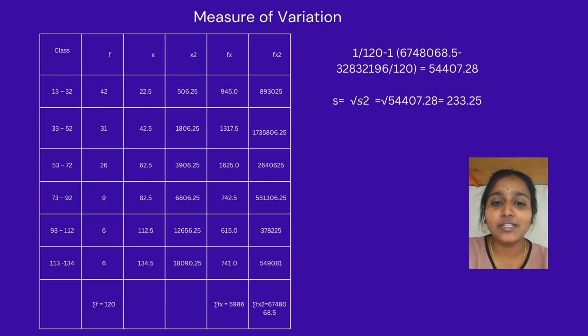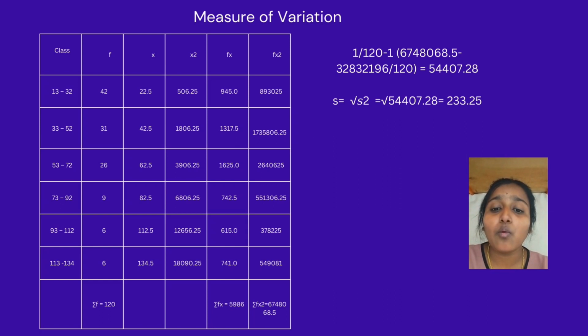Measure of variation is a way to describe the distribution of data. To calculate the variation, we square the difference between each data value and the mean. We divide the sum of the squares by the number of items in the data. After the calculation, we got 54407.28.